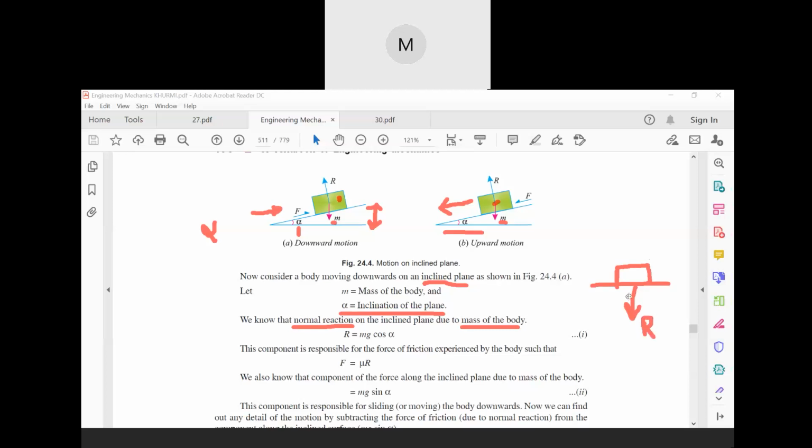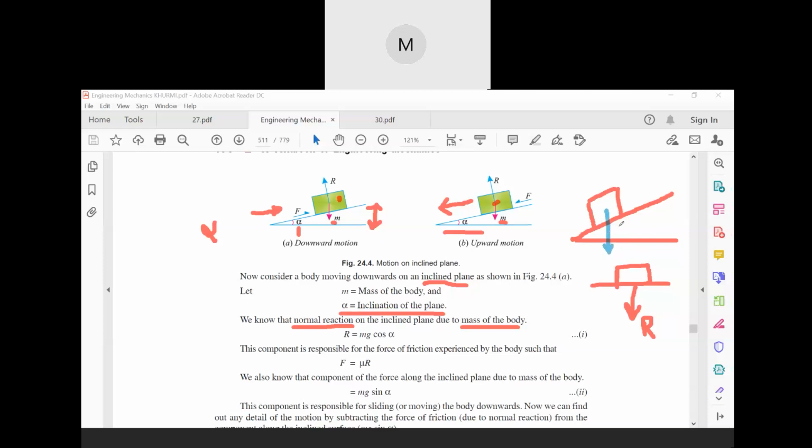And if the body is inclined also, suppose in this manner, then also the normal direction coming from it is always perpendicularly downward.